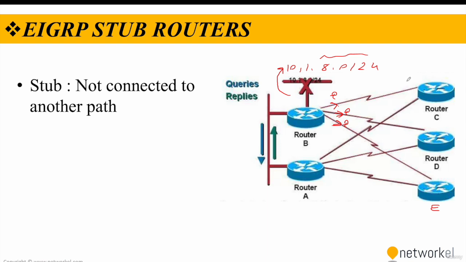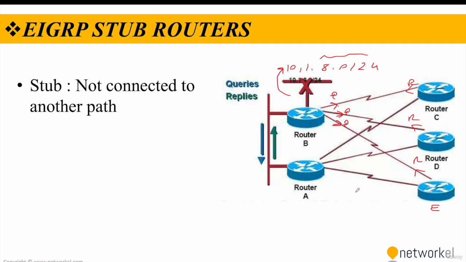Then routers C, D, and E will receive these query messages and will send query replies mentioning, hey, I'm sorry buddy, I don't have any information about this route. This is an inefficient usage of bandwidth, and there are lots of unnecessary packets going back and forth between the routers, because router C, router D, and router E are not connected to anywhere else in the network.